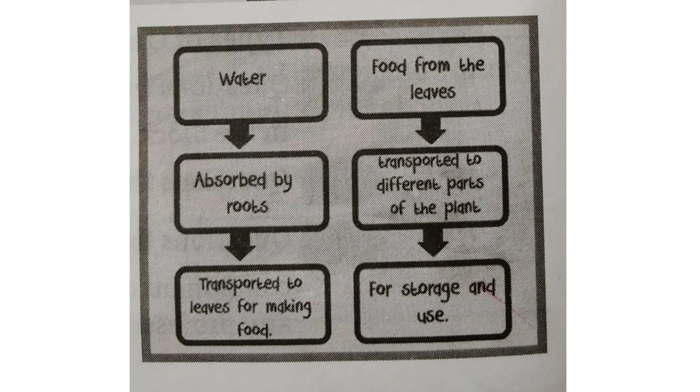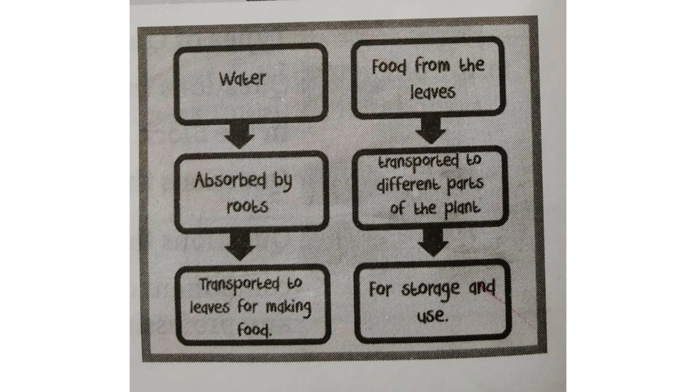If you remember the reaction of photosynthesis, it is carbon dioxide plus water in the presence of sunlight and chlorophyll that will produce glucose and oxygen as a byproduct, right? And that glucose is broken down in the presence of oxygen in respiration, where it will release energy for that living body. So this is how it works.